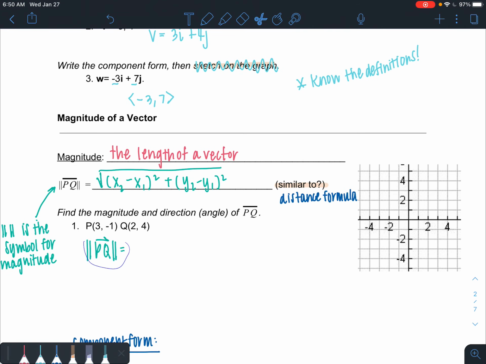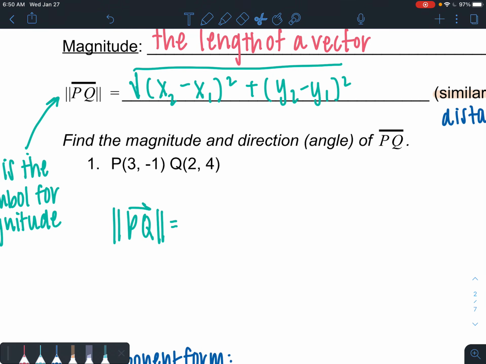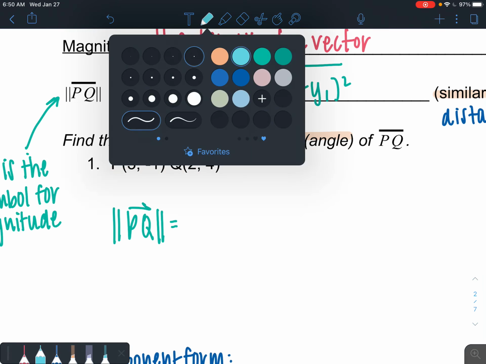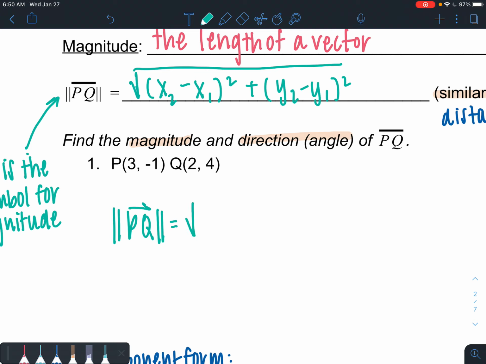So let's go ahead and do this first one here. I'm gonna move this PQ down so I can write on here. So we're trying to find the magnitude and direction angle. So what I'm going to do is take the square root of, we'll call this x1, y1, x2, y2.